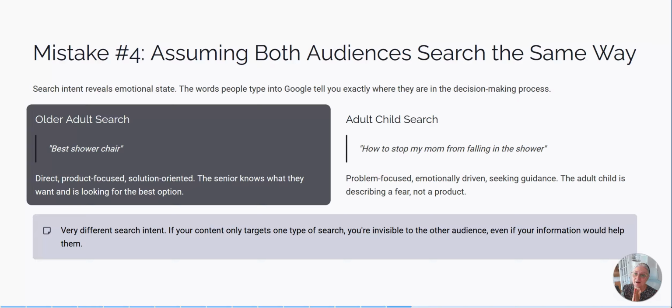All right. You don't want to also assume that both audiences, older adults and families, are searching the same way. An older adult may type in best shower chair, whereas family members may type in how to stop mom from falling in the shower. It's also the generational thing.